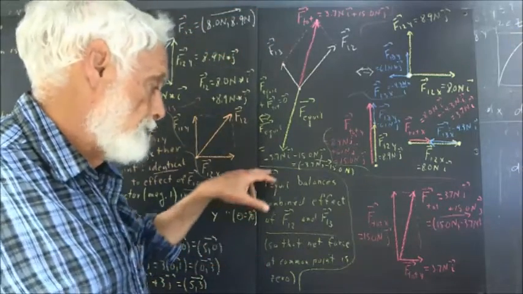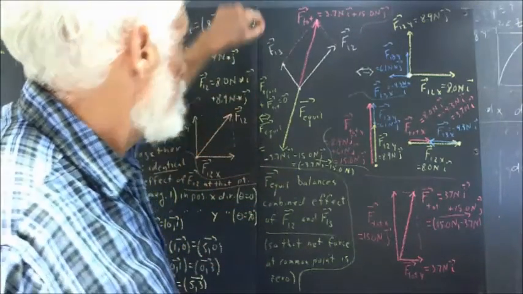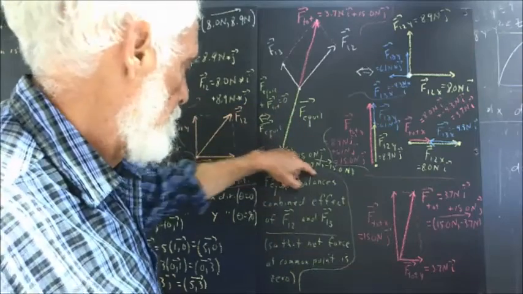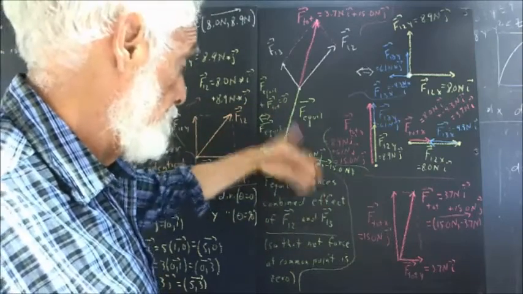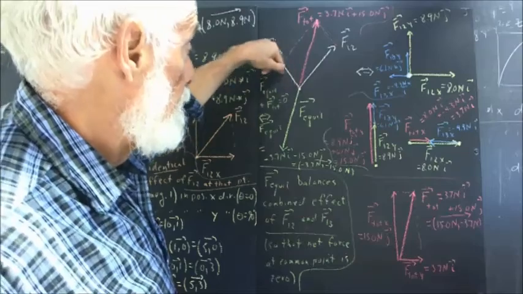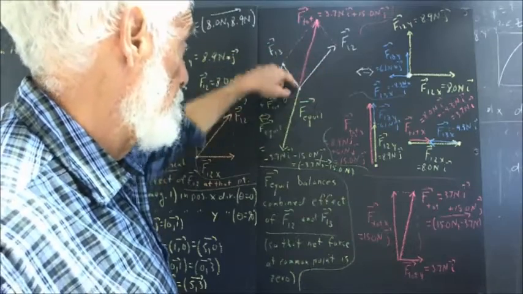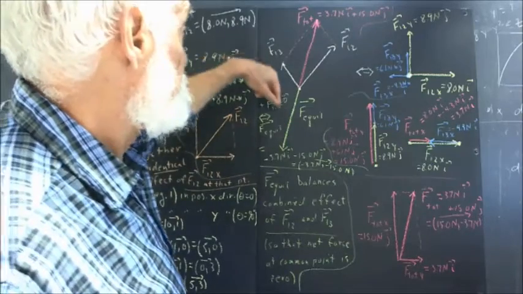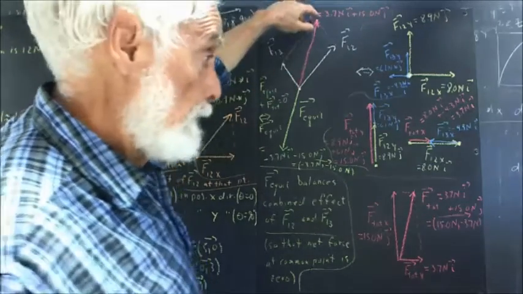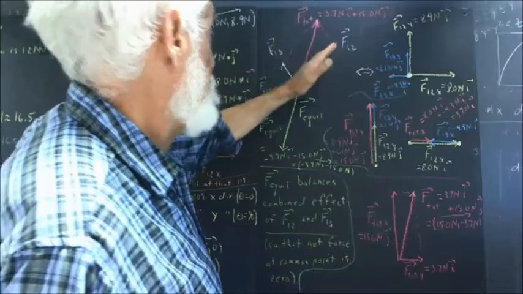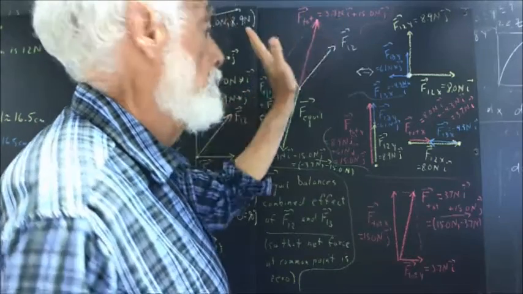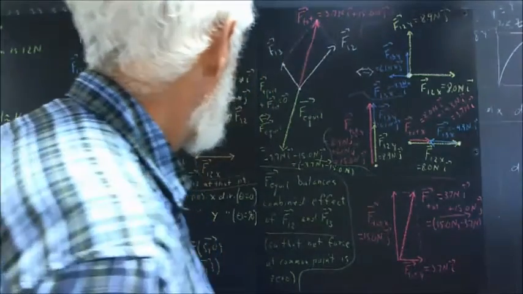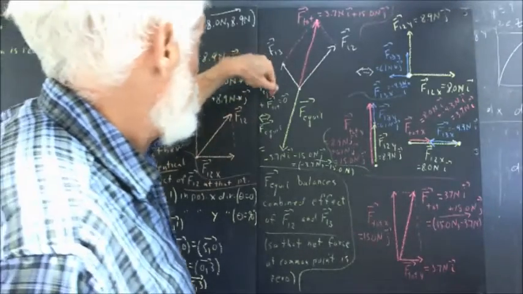But now, if F equilibrant balances F1 and F2, so if the net force of F12 and F13 and F equilibrant is 0, then F equilibrant plus F total, being in every respect equivalent to the action of F12 and F13, is going to have to add up.